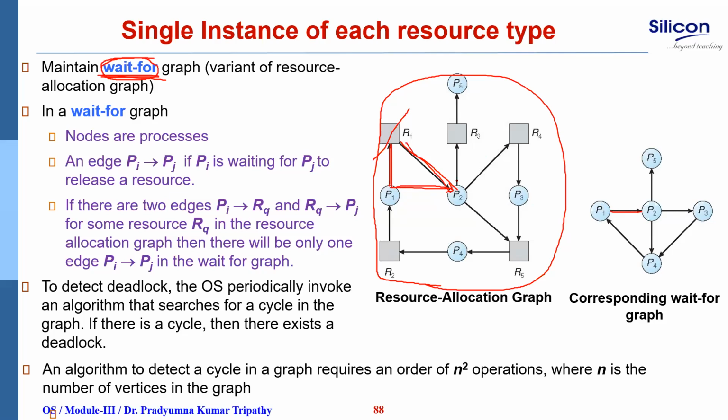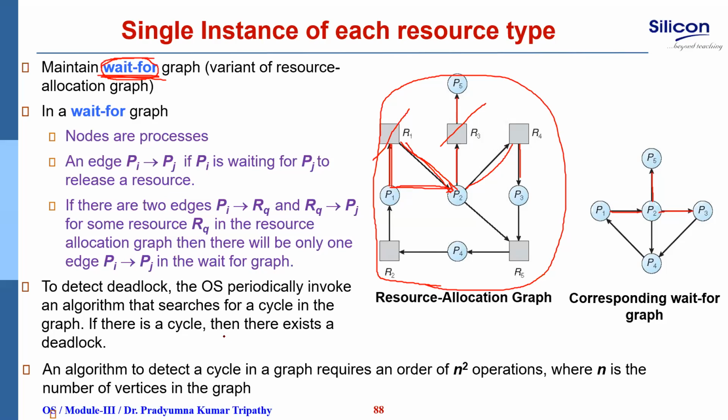Similarly, P2 to R3, R3 to P5. So I can put an edge from P2 to P5 by removing R3. Then P2 to R4, R4 to P3, so I can put an edge from P2 to P3.